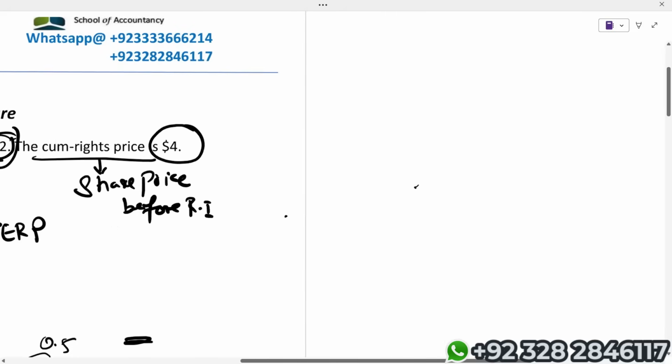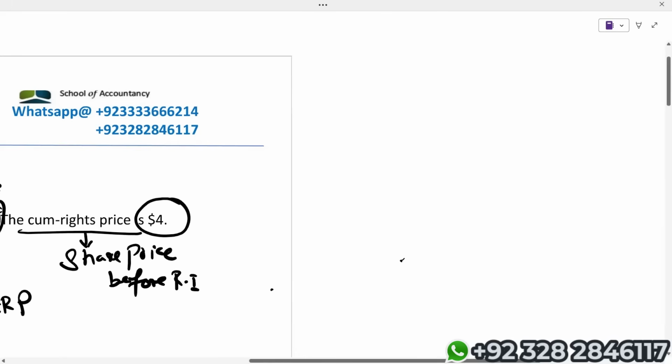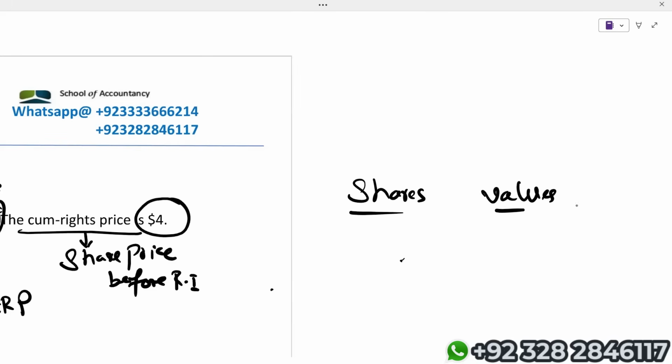So all you need is just make 3 columns. Shares, values, and total value. Company makes a rights issue, 2 rights against 3 shares.